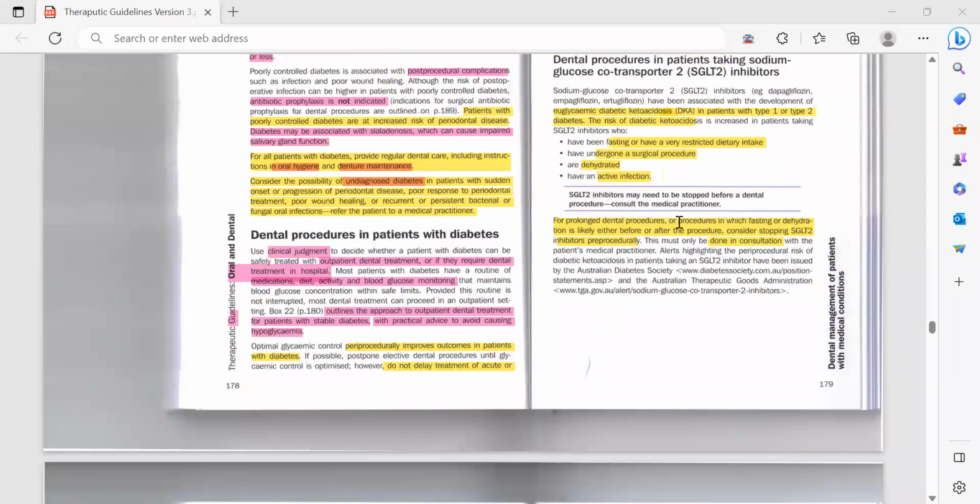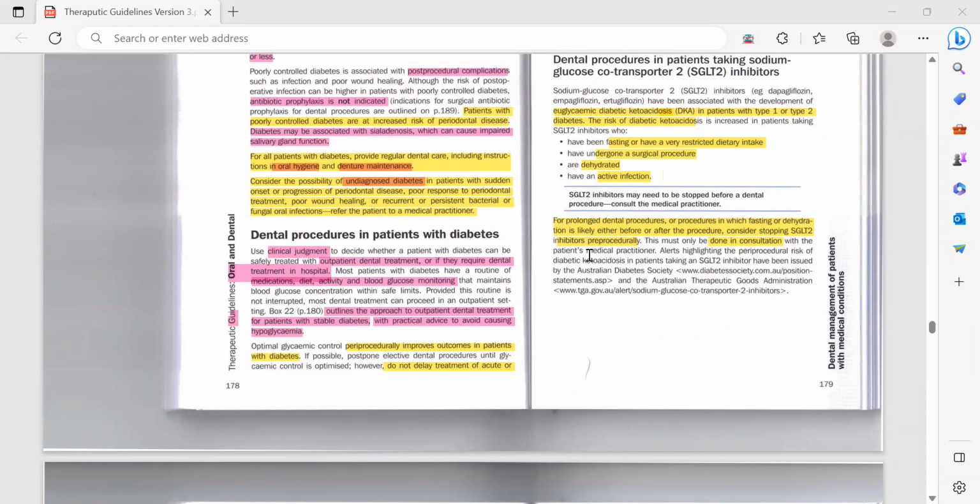For prolonged dental procedures, or procedures in which fasting or dehydration is likely either before or after the procedure, consider stopping SGLT2 inhibitors pre-procedure. So even if you need to stop this medication or alter anything, you cannot do it by yourself.